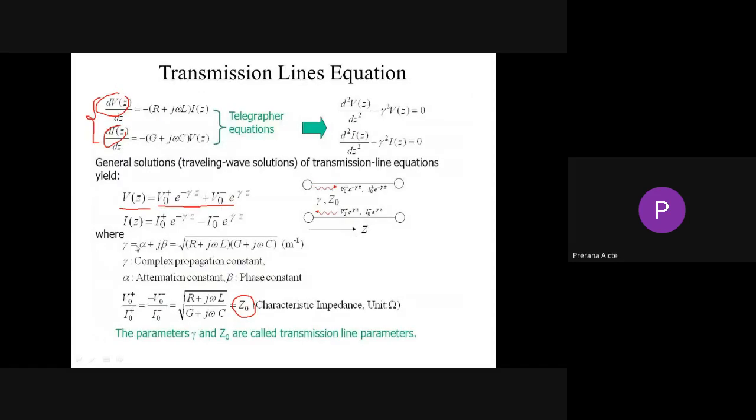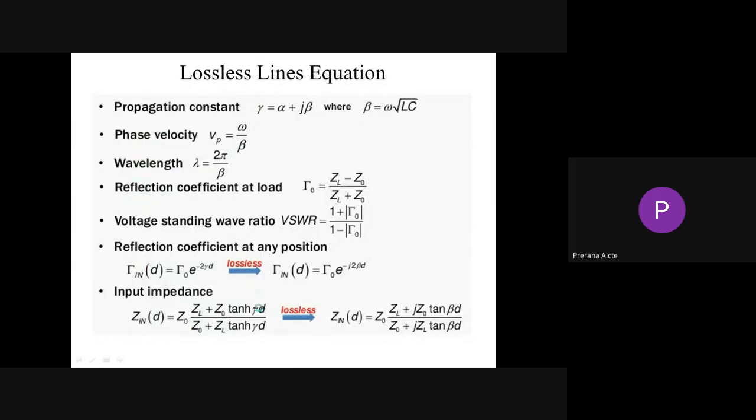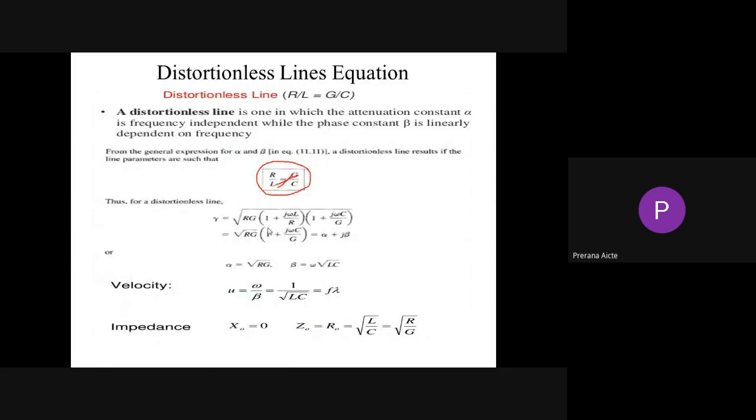Now substitute this condition in the previous expressions. The general expression is gamma equal to alpha plus j beta, which equals the square root of R plus j omega L into G plus j omega C. Similarly for the characteristic impedance. Now take R common in the first term, so 1 plus j omega L by R. In the second term, G is common.